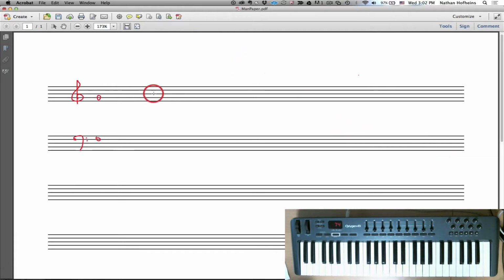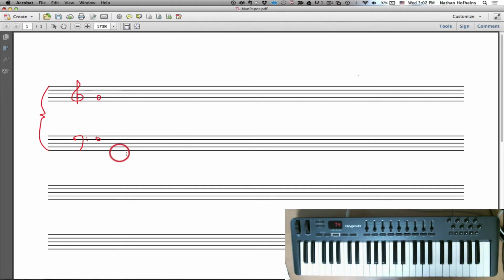Okay, so that's the F clef and the G clef, or the bass clef and the treble clef. If you put them both together with a bracket at the end of the system, we call that the grand staff. You've got a treble clef and a bass clef, and pianists will read both.